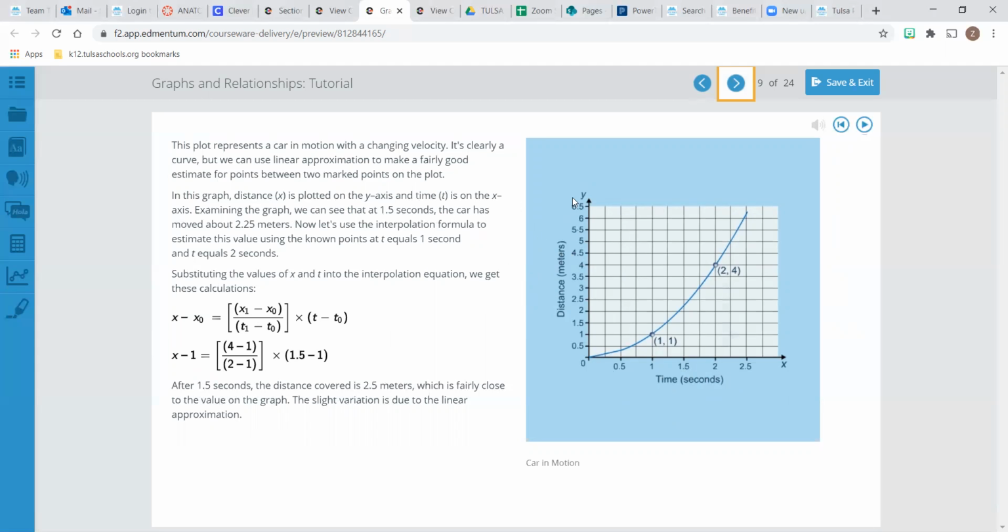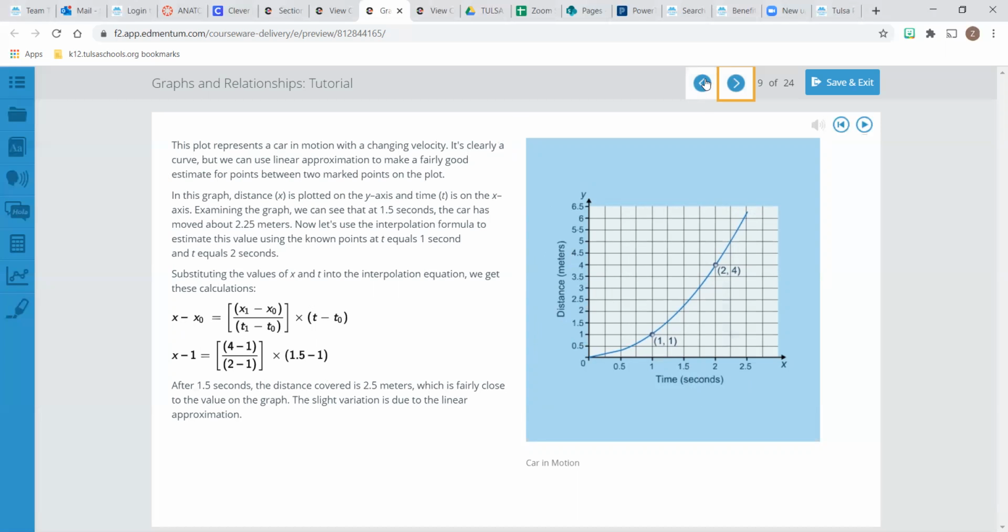So once again, distance is at y, the y-axis. However, they're using the x's to describe the change in distance. But the x-axis are t's and the y-axis are shown with x's in this example.